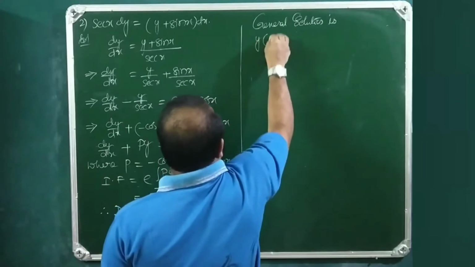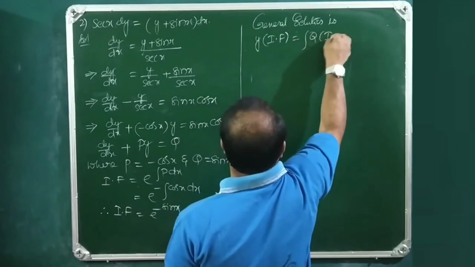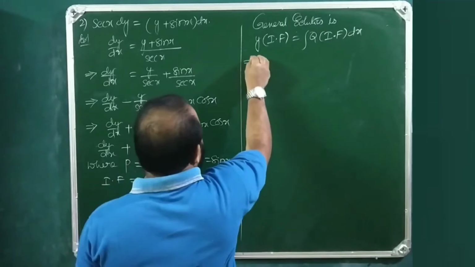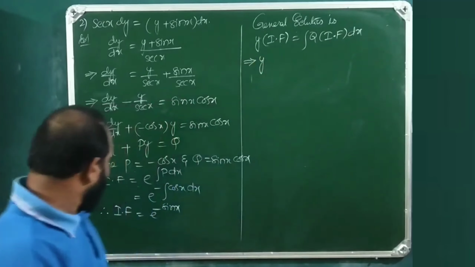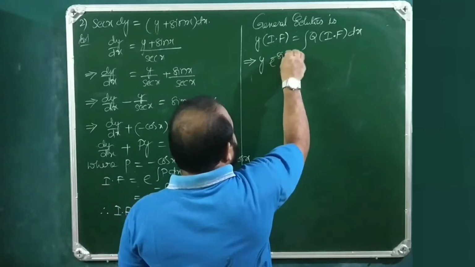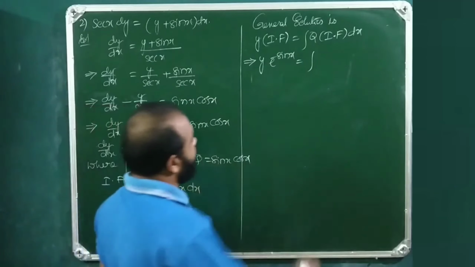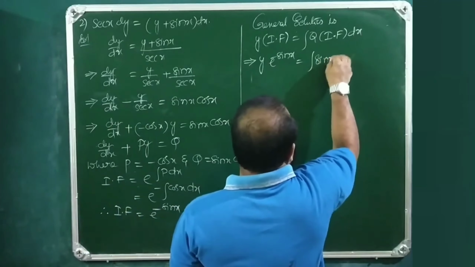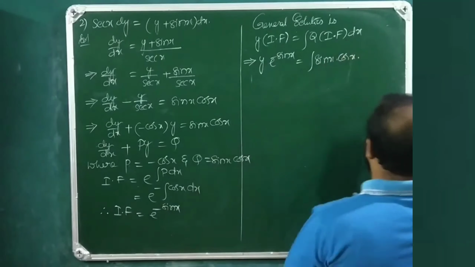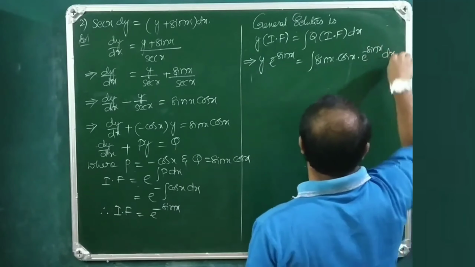y into integrating factor is equal to the integral of q into integrating factor dx. So y into e power minus sin x is equal to the integral of sin x into cos x into e power minus sin x dx.